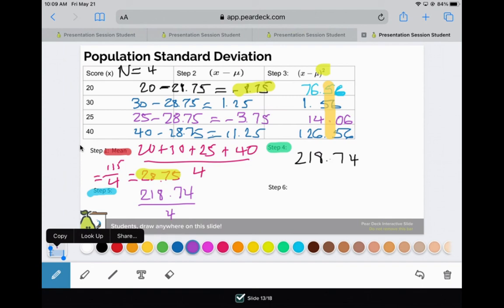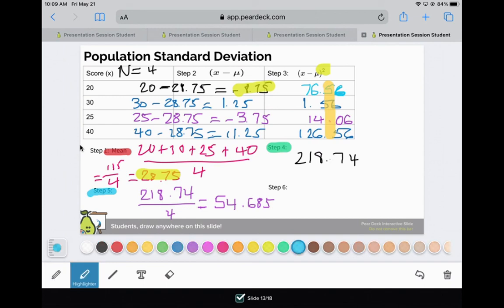So this will give me 54.685. But I'm not done because I have one more step. What do I do after I divide by 4? What do I do with that number? Square root it. Thank you, Emily.